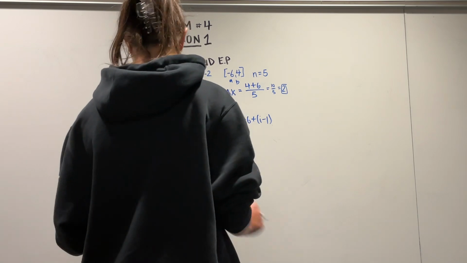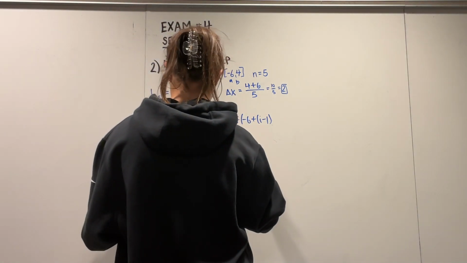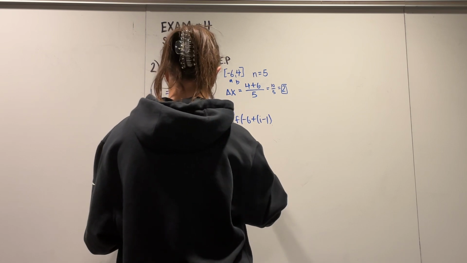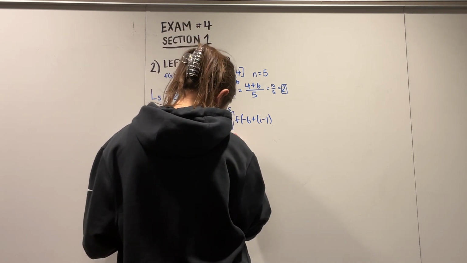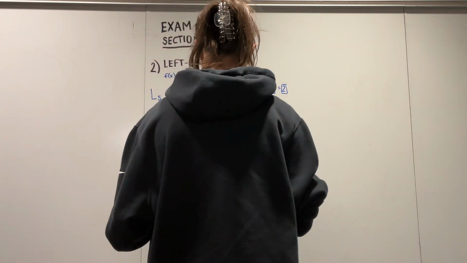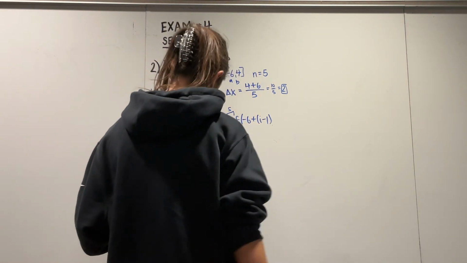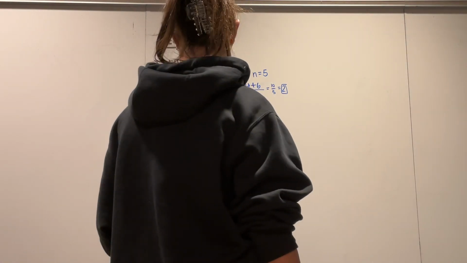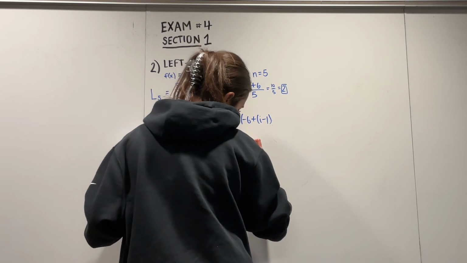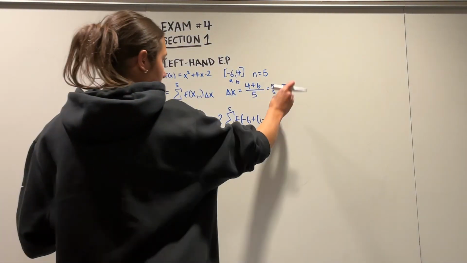But what we do know also is we're trying to get the area. So the area is going to be equal to delta x, which is our 2. And then we need to determine, before we start putting things in, we know that the width of the rectangles is 2.